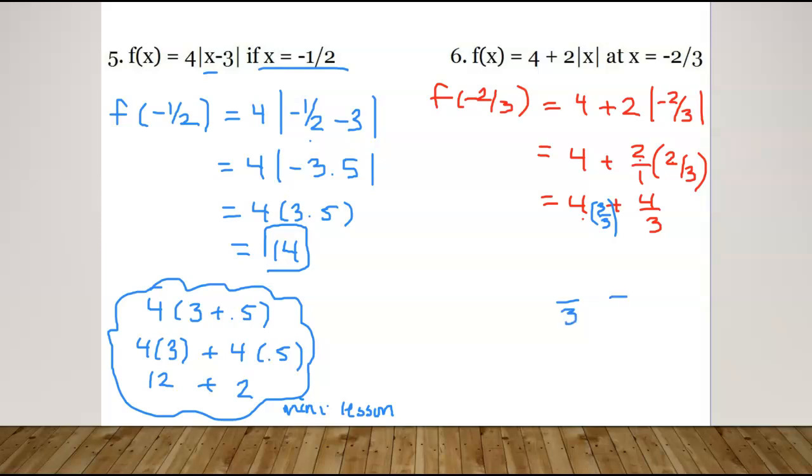So both bottoms are 3's. So you get 4/3 here, but this becomes 12/3. So 12 plus 4 is 16/3. You do not want to write that as a decimal. You want to write it as a fraction because 16/3 is a repeating decimal. And you can't actually write it as the decimal itself because it repeats forever and ever. Or you have to put the bar on top of the number.